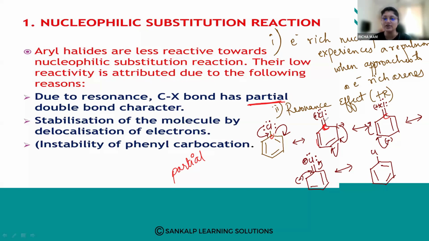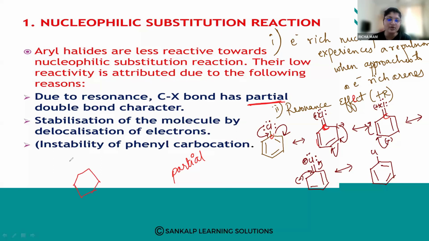So when we write the resonance structures, we can see that the C-Cl bond is getting a partial double bond character. Because of that, the breaking of the C-Cl bond will be a bit difficult, so these are less reactive towards nucleophilic substitution reaction. Now what is nucleophilic substitution?